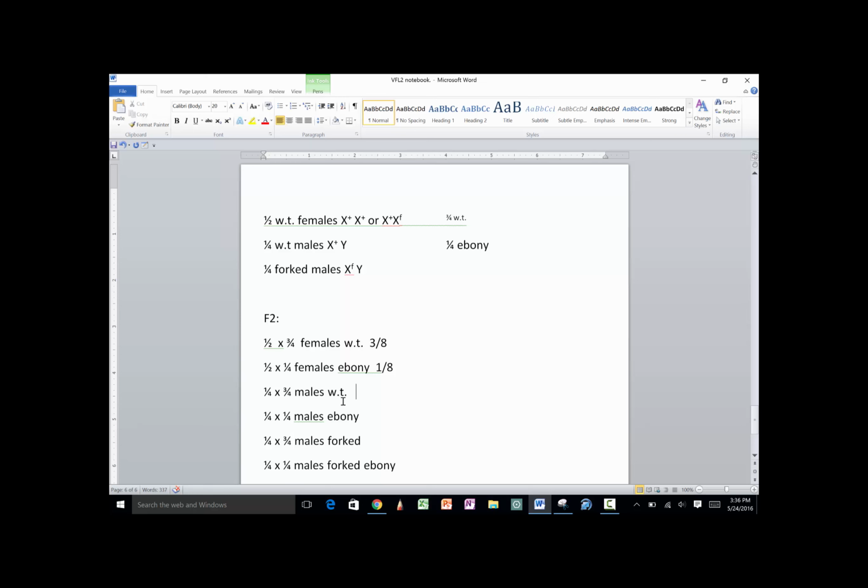Yep, 3/16 are wild type males. 1/16 are ebony males. 3/16 are forked males. And 1/16 are forked ebony males.